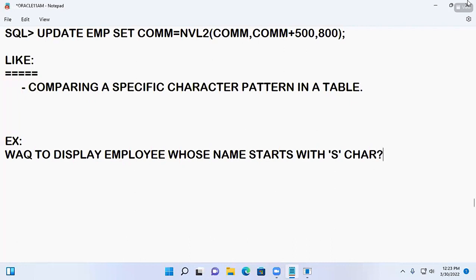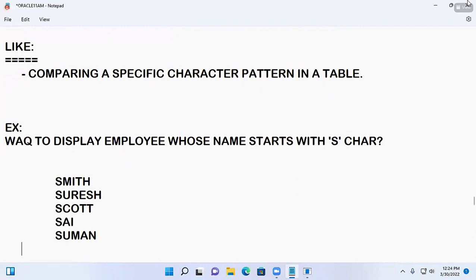So this is my requirement here. And now I have some people's names, for example Smith, Suresh, Scott, Sai, Suman. So these are some names. All these people's names start with which character?